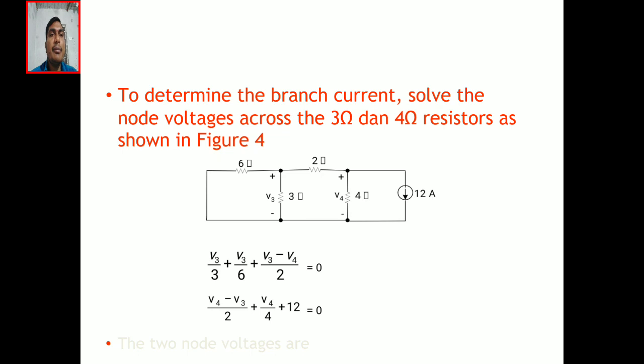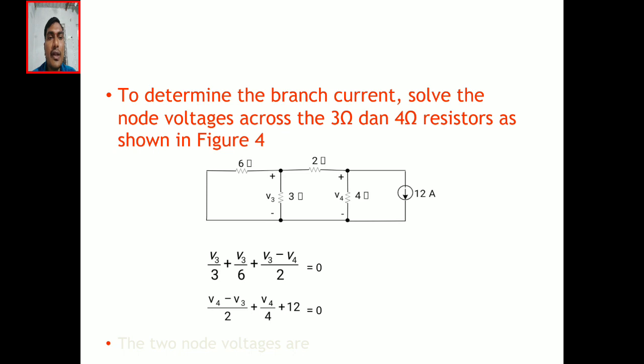So to determine the branch current, we solve for the node voltages across the 3 ohms and 4 ohms shown in the figure. So here two nodes are there. I am considering V3 at the 3 ohms and V4 at the 4 ohms. We have to write nodal equations: V3 by 6 plus V3 by 3 plus (V3 minus V4) by 2 is equal to 0.